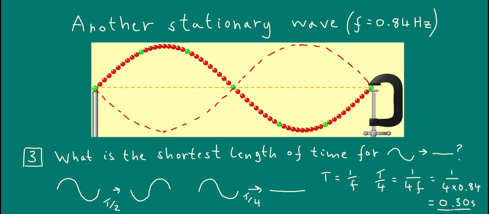If we were to add on a time period onto 0.30 seconds, it will look exactly like this again, because a time period, as I said earlier, is the time for one complete cycle. So one time period later, all the particles having moved up and down, other than the nodes, of course, will be back to where they are here.